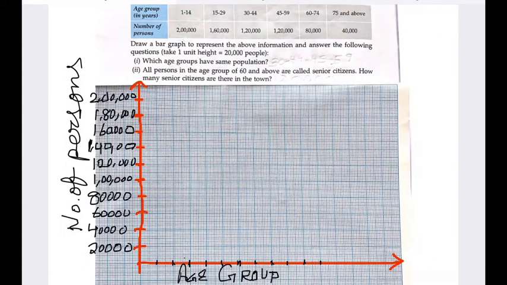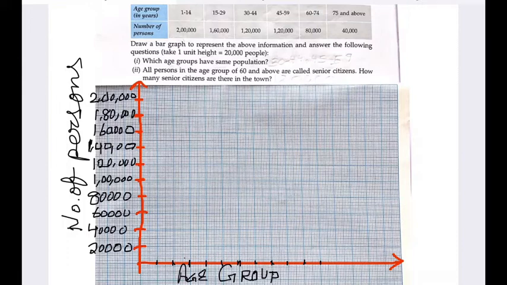So now is sixth question. In sixth question we have to draw a bar graph for the data given above, fine. So here they have given us the data for the age groups, fine. So let's see. As we have the number of persons we have taken on y-axis and we have taken age group on x-axis, fine.